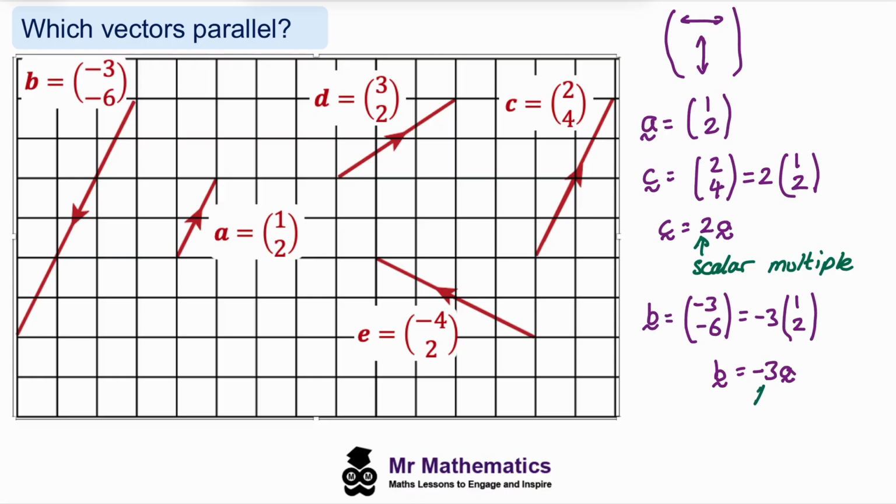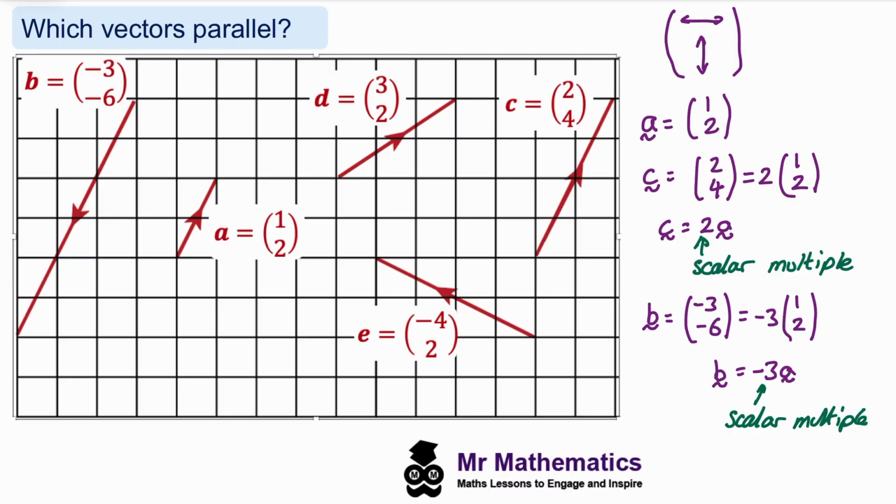Yeah, so the scalar multiple will be this -3. All that tells us is we are repeating vector A -3 times. So if this goes up in this direction, we want to go in the opposite direction 1, 2, 3 times. Okay? So I hope that's given you an idea on scalar multiples. We're going to use this as we progress through the lesson.